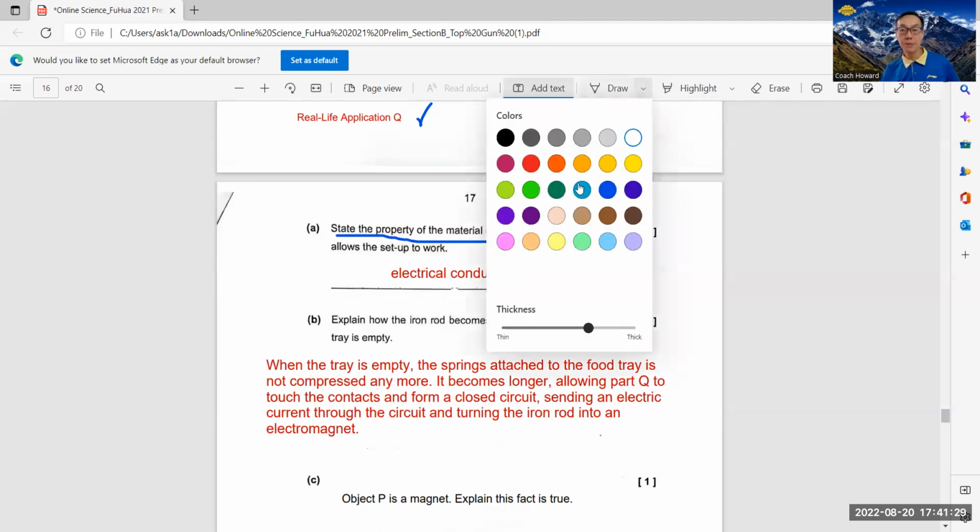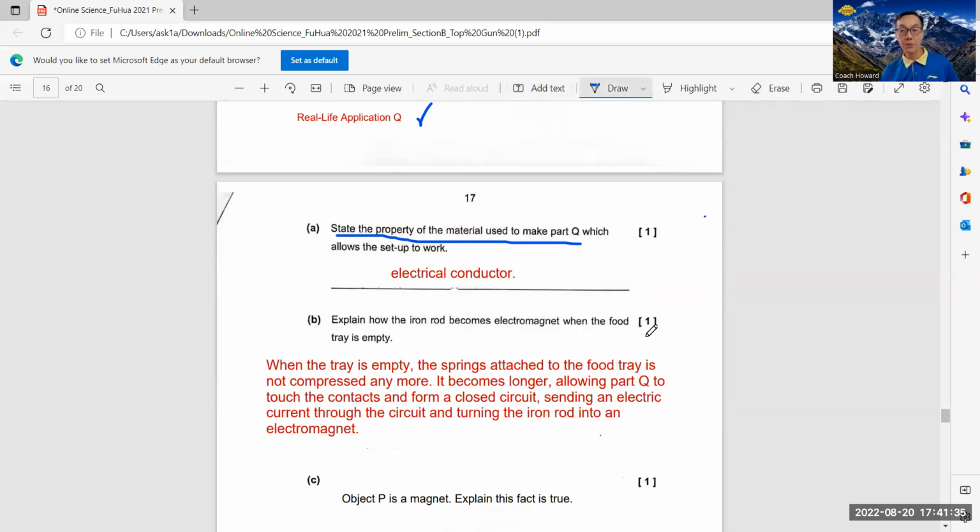Okay, this one seems a bit wordy. But as long as you mention this point, you will get a full 1 mark. It's only 1 mark, by the way. So you should say that when it's empty, because you must use the words when it's empty. What happened? The spring is not compressed anymore.